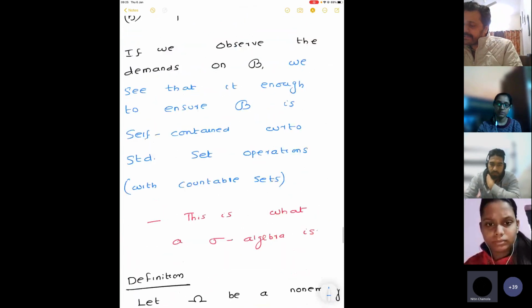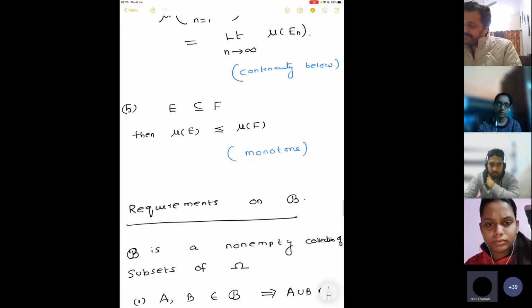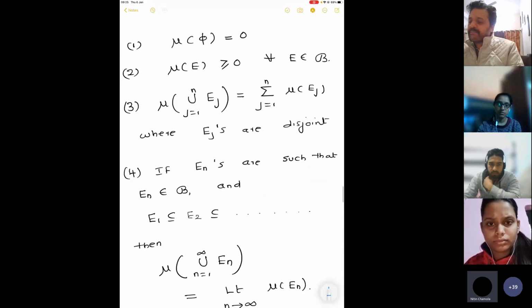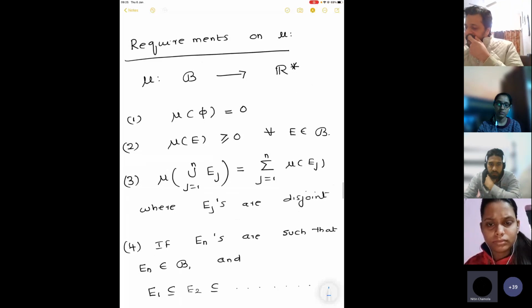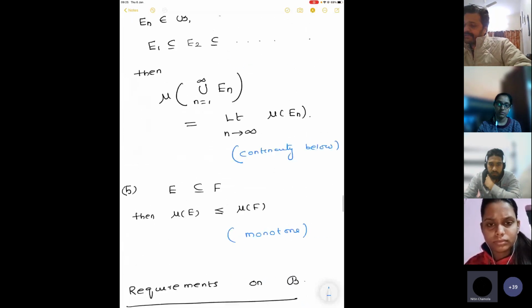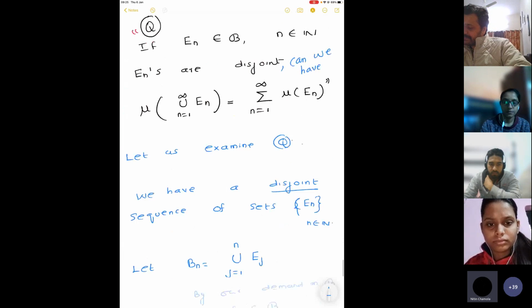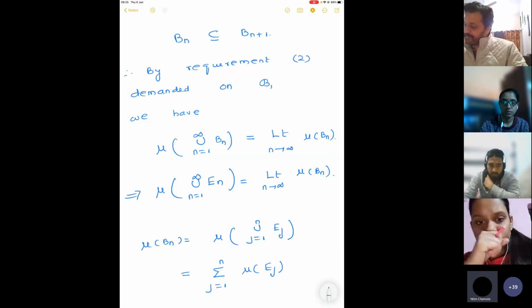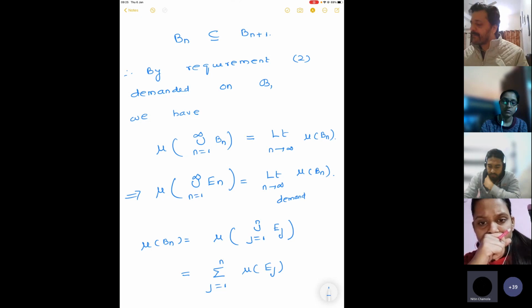Where did we demand it? That is requirement 3 on mu. If I am making some mistake, this is not requirement 2, I think.